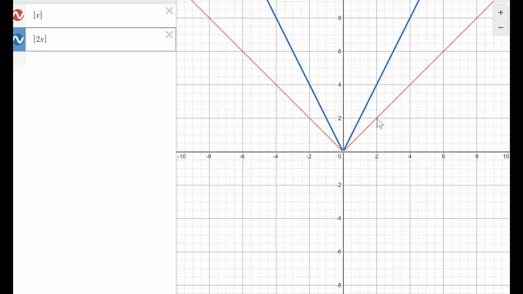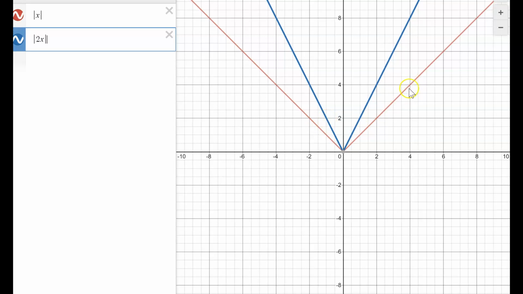So again, we're affecting the x values. When we take x equals 2 and multiply it by 1/2, x becomes 1. And that's what shifts it over here. Same thing on the other side. If we take x equals -2 and multiply it by 1/2, it takes us to -1. The y didn't change.